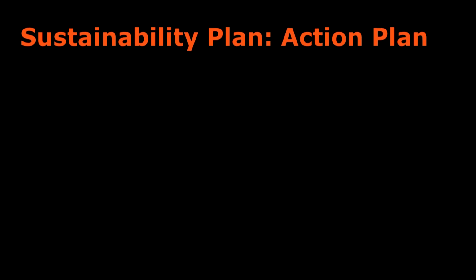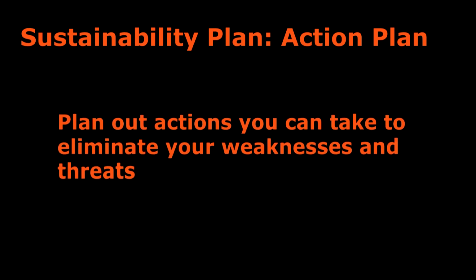After you determine what your strengths, weaknesses, opportunities, and threats are, the next step is to create an action plan. That is, you need to decide on actions you could take to eliminate your weaknesses and threats. For example, if you determine that one of your threats was losing sponsors, you should describe how you plan to keep your sponsors or find new sponsors.